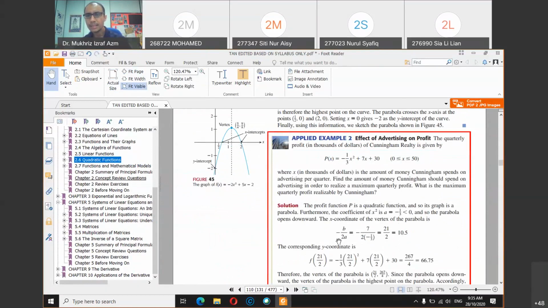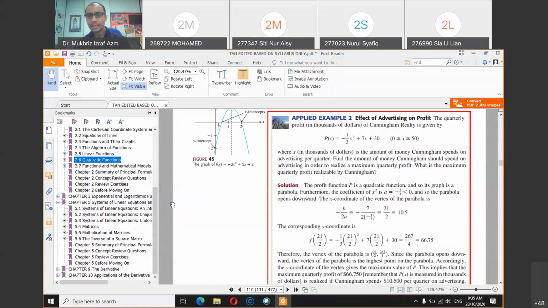Personally, I would prefer to use differentiation because it is an easier and faster way to solve the problem. But since the syllabus is designed this way, first you learn one approach, and then as we progress through the syllabus, you can also find the maximum profit using differentiation.